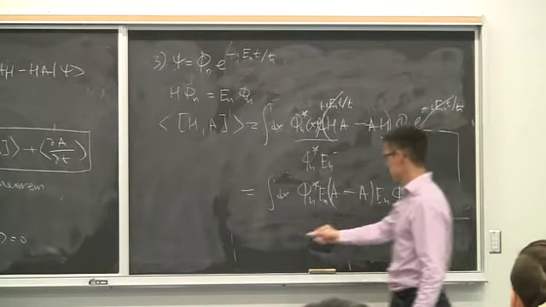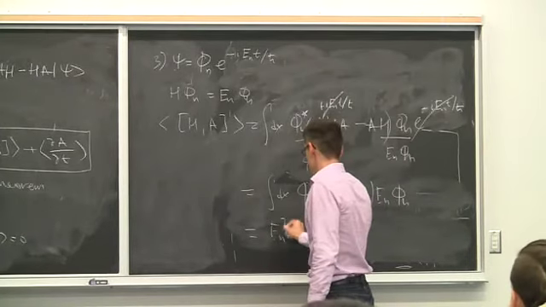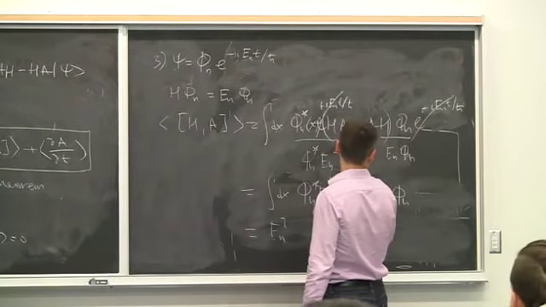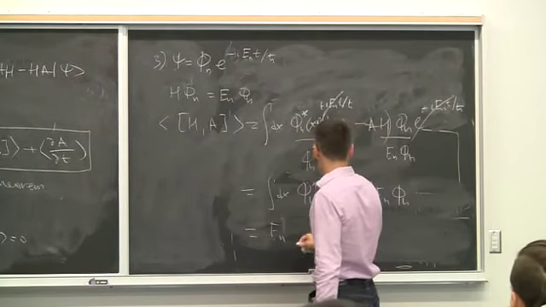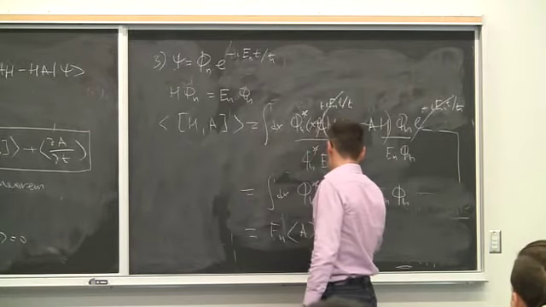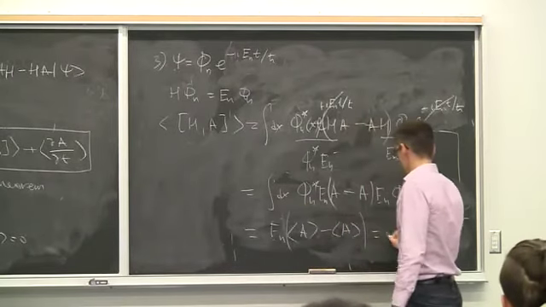So this is En in both cases, not squared, just En, and then A minus A, which is 0.